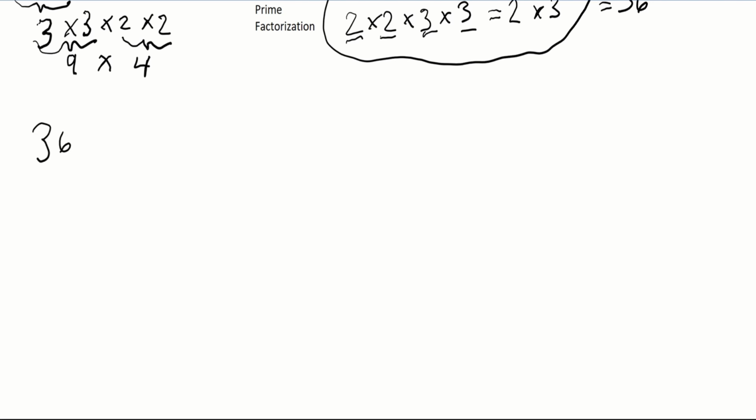So 36 equals 2 times 2 times 3 times 3. Grouping these numbers such that we end up with 2 groups will mean we have 2 factors. So here's what I'm saying.